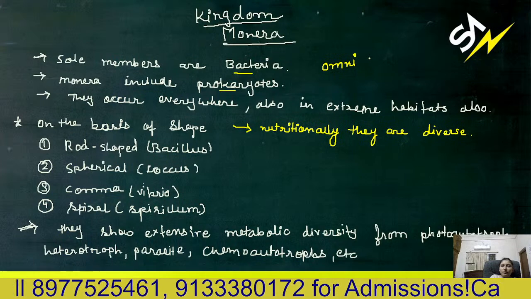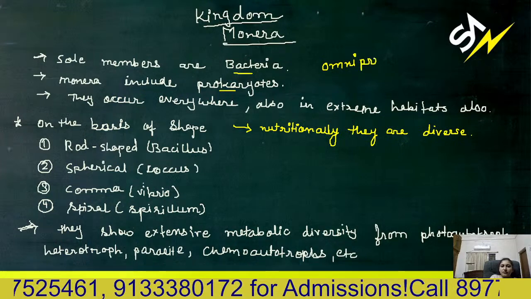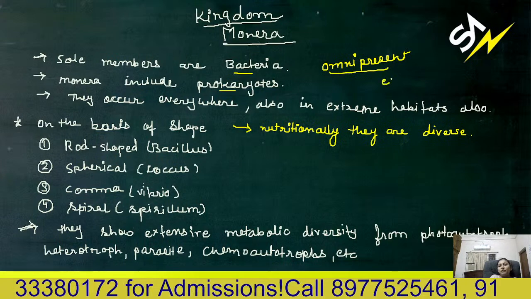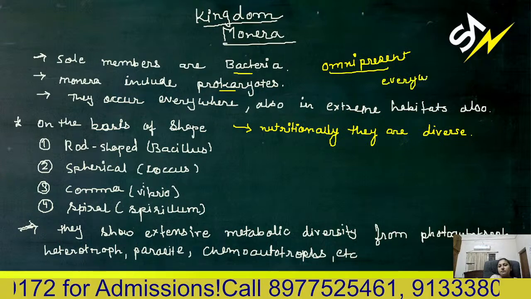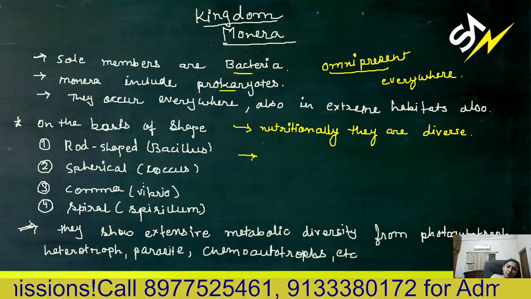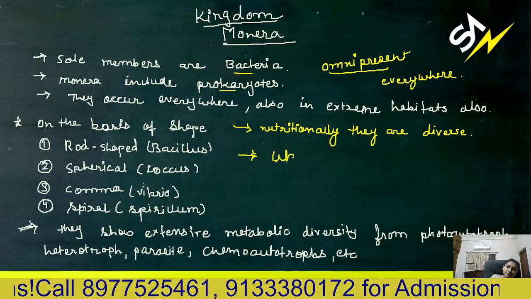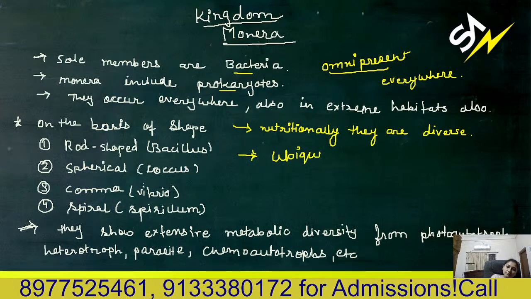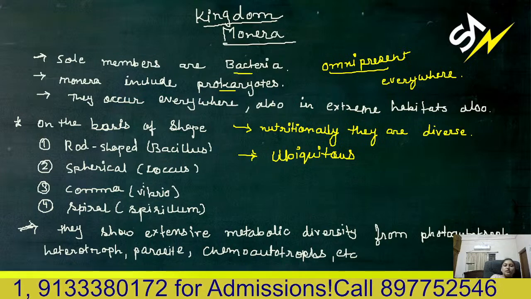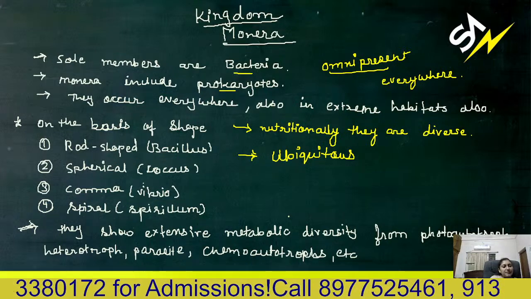Omnipresent means present everywhere. Or there is one more term, that is ubiquitous. So Monera are ubiquitous, present everywhere.